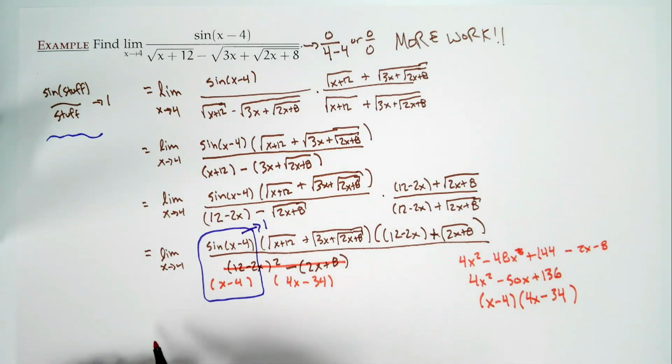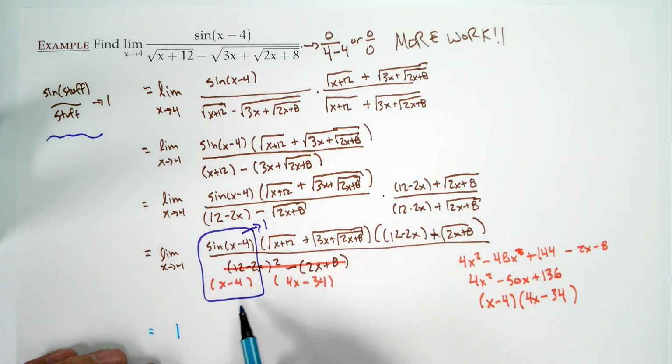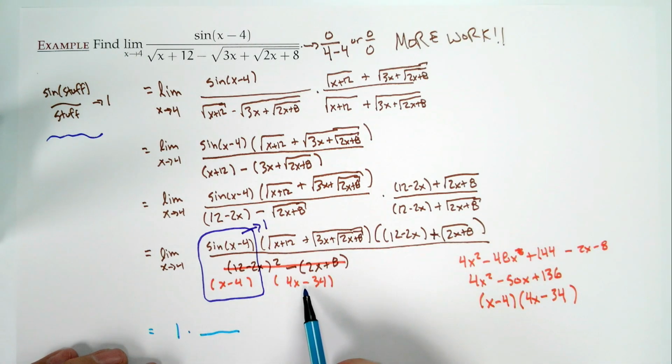So the answer to the limit, let's switch up colors here, is going to be 1 coming from this part right here, the sine of x minus 4 over x minus 4, times, all right, downstairs, 4 times 4 subtract 34.